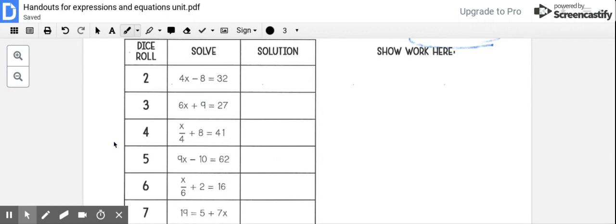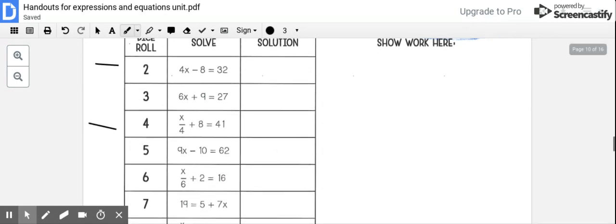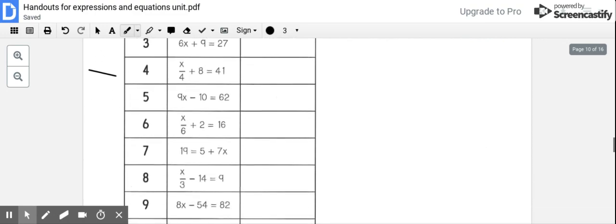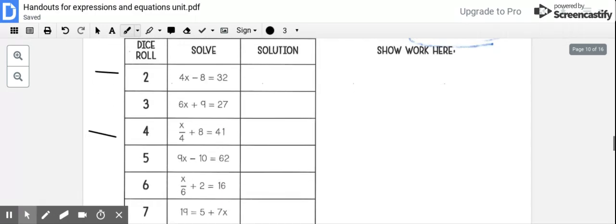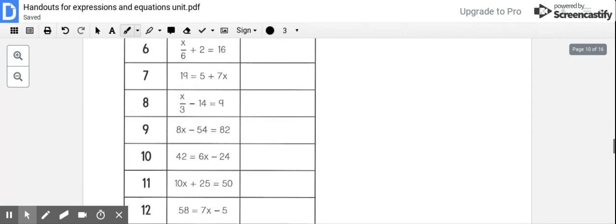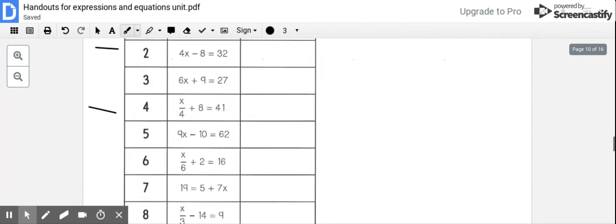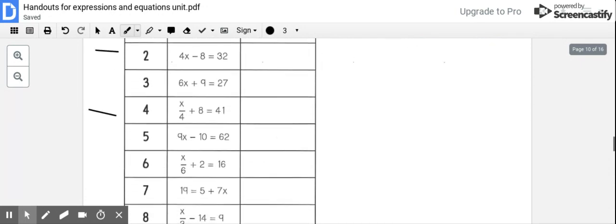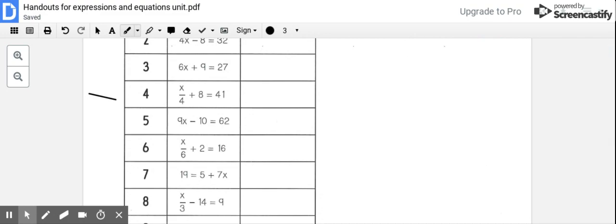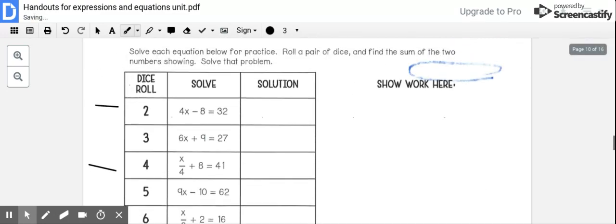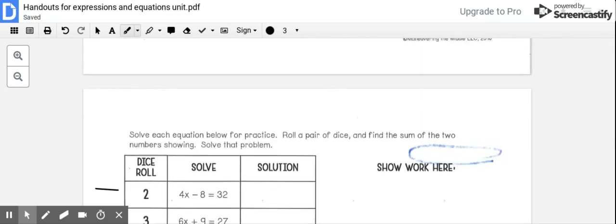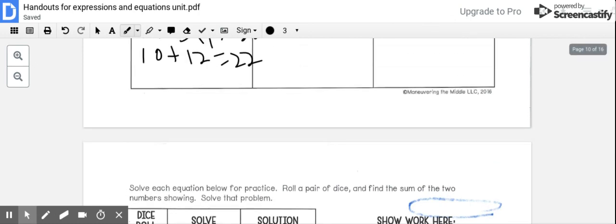Well, we'll do one with the variable on the other side. Do 2, 4, and 7 for the next time. Or if you're still in class, do it now.